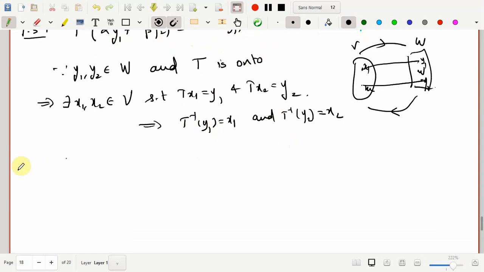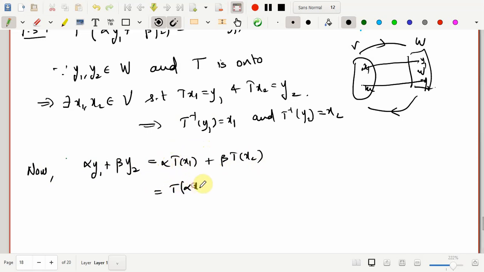So let me compute alpha y1 plus beta y2. This is same as saying alpha T of x1, because y1 is same as T of x1, plus beta T of x2. But by definition T is a linear transformation, so I can apply the definition for T. I can take this alpha inside, and this can be written as T of alpha x1 plus beta x2.